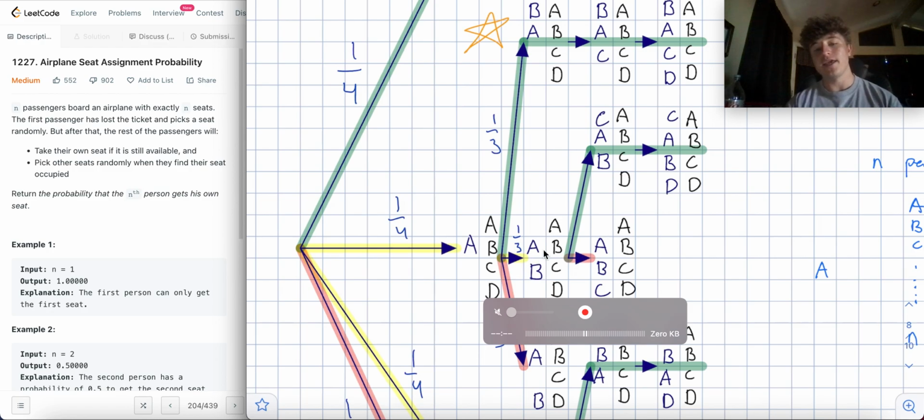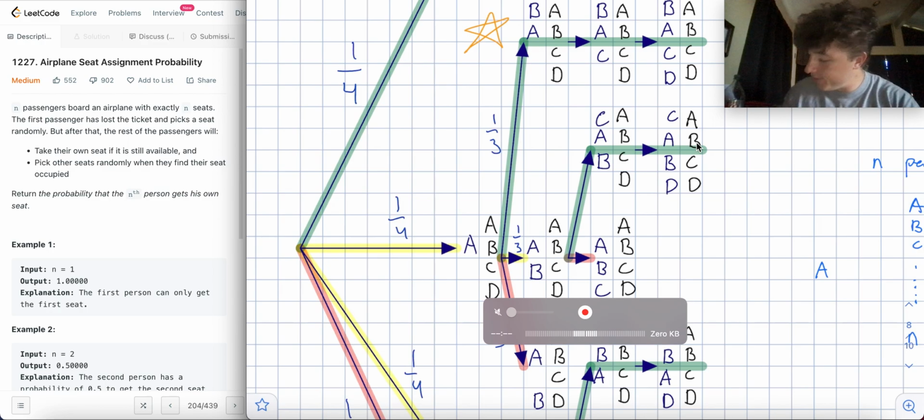Now here, what's happening? C is having trouble, because C is going to walk up, look at its seat and say, B's in my seat. So he's going to randomly choose a seat. If C chooses A, again it works out.